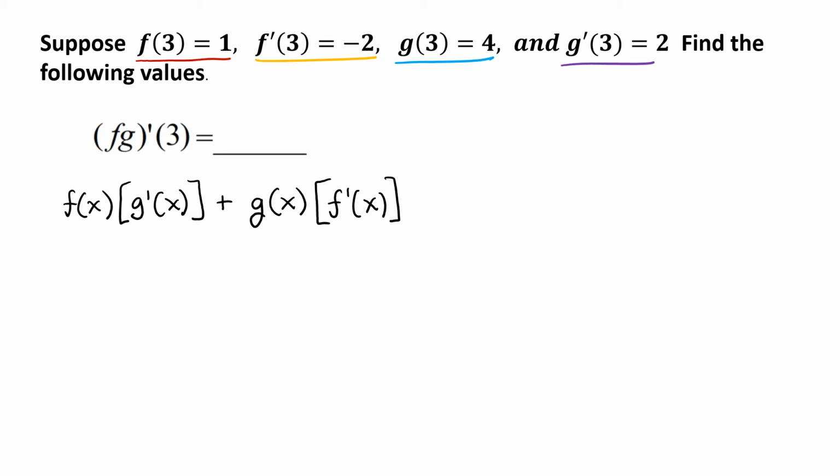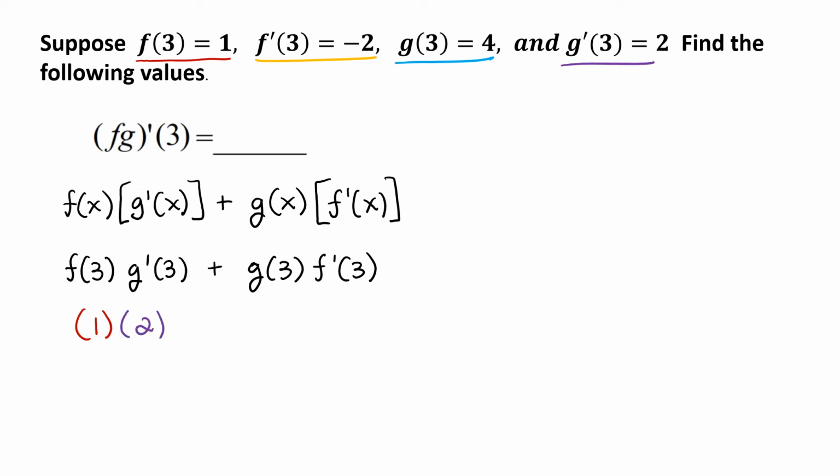and then we want to substitute in 3. So we have f of 3 times g prime of 3 plus g of 3 times f prime of 3. F of 3 is equal to 1, g prime of 3 is equal to 2, plus g of 3 is equal to 4, and f prime of 3 is equal to negative 2.